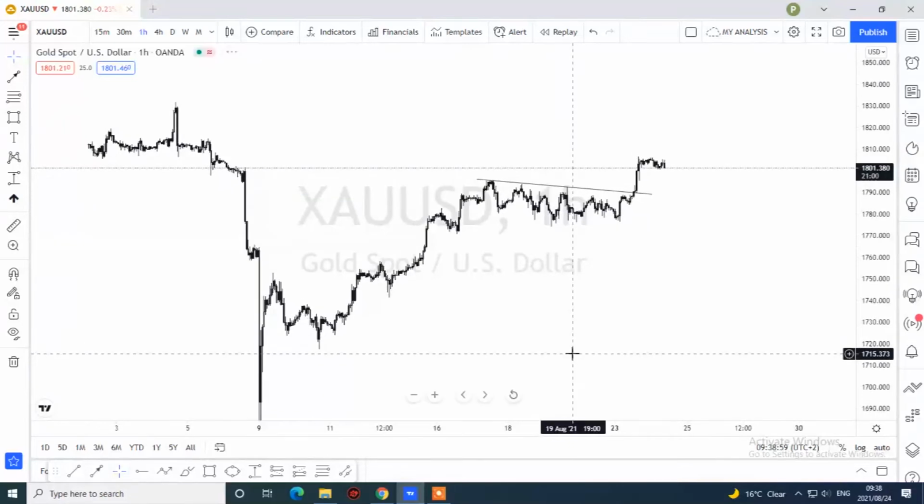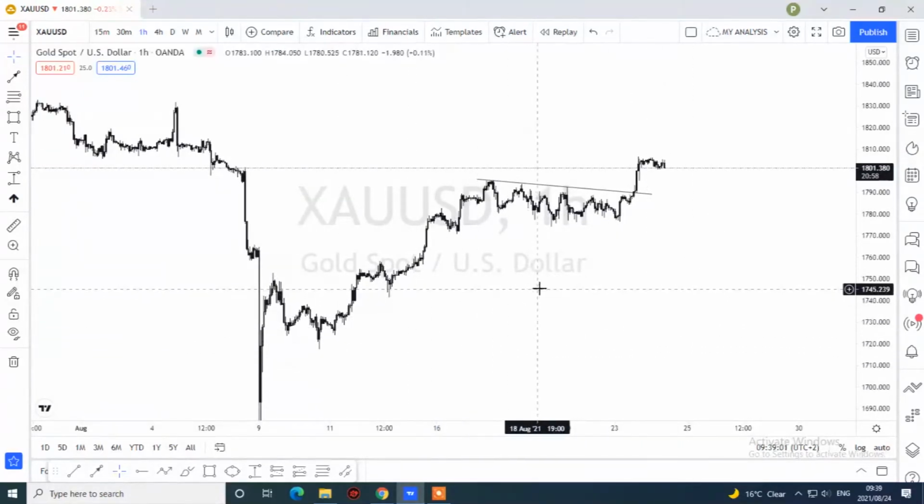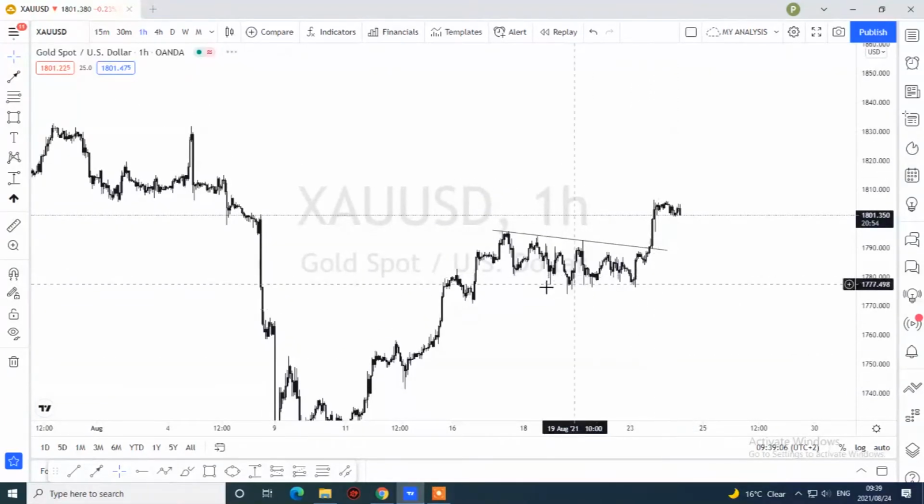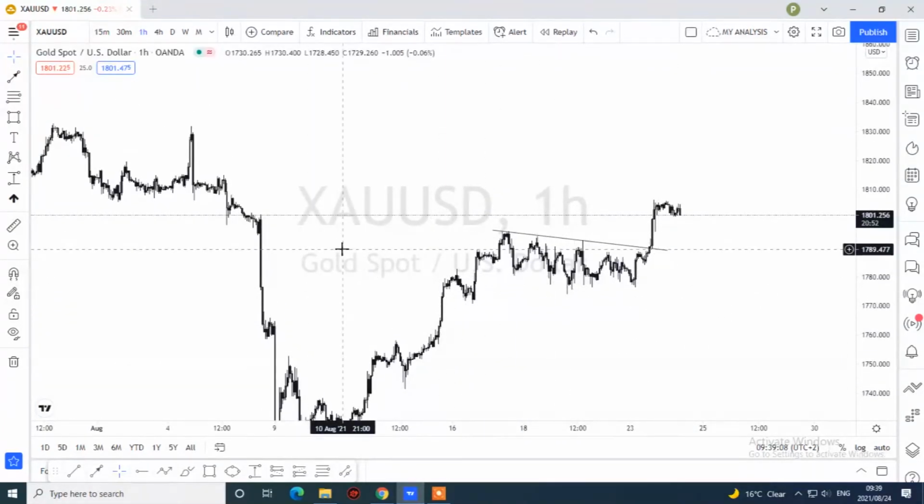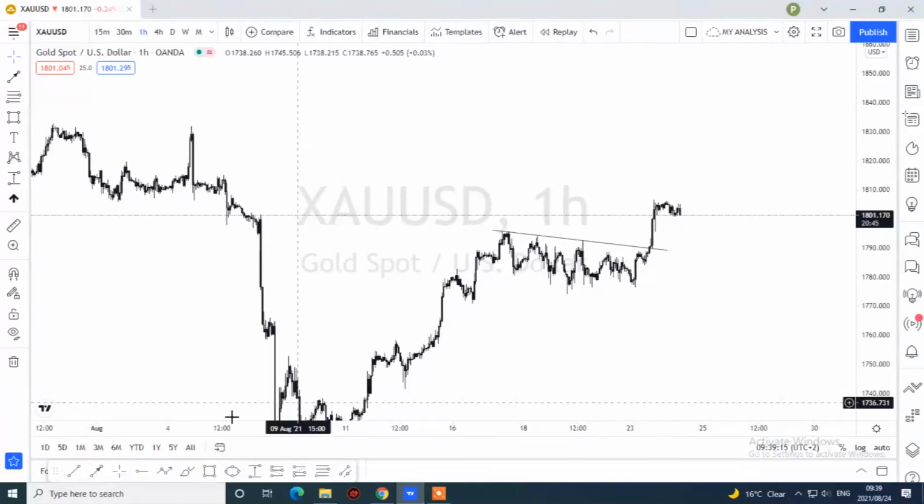Oh my goodness. Yeah, gold, guys, gold. So on gold, I was expecting this. Yesterday, I think I missed this breakout because I had to go out and do something in the mall.